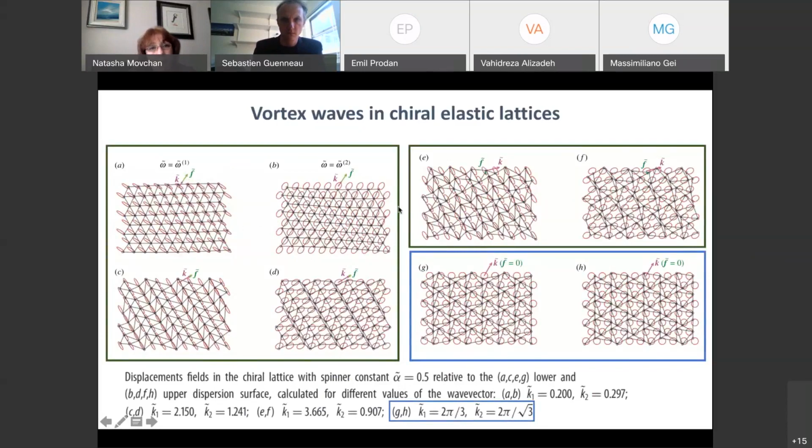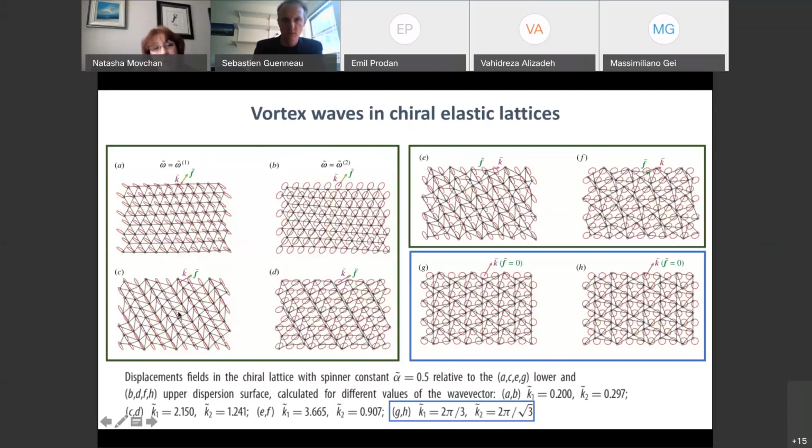And in the two sets of diagrams on the left, these two correspond to the case when the two vectors, k and f, are parallel to each other. Now, the first two diagrams, parts A and B, correspond to the case when the vector k is small. And in this case, both k and f are parallel. And the two diagrams correspond to the lower surface on the left and the upper surface on the right.